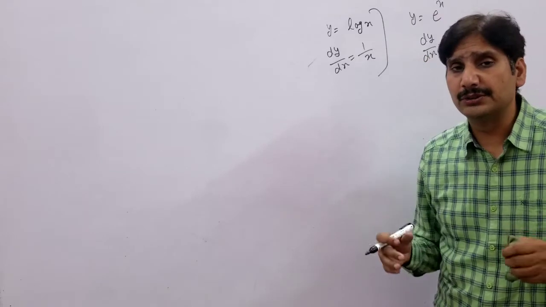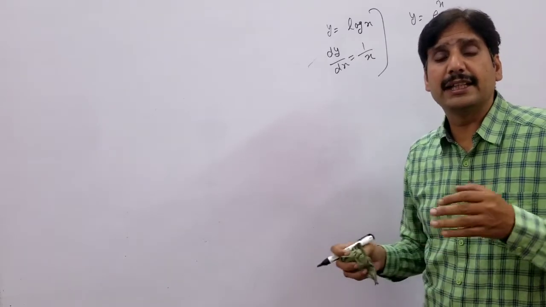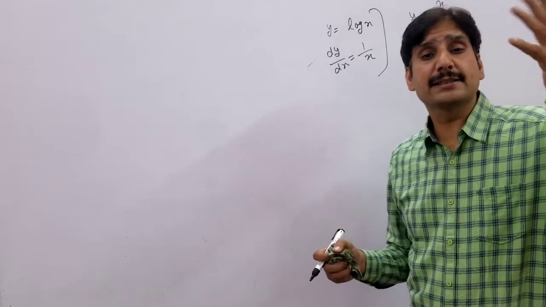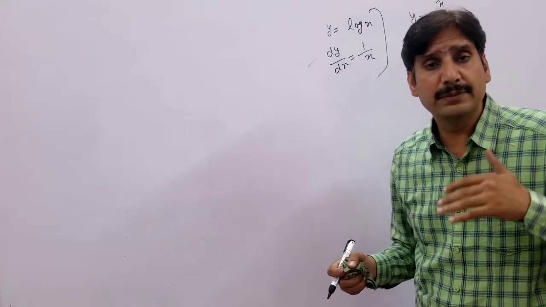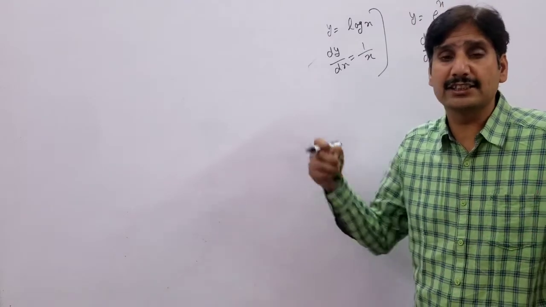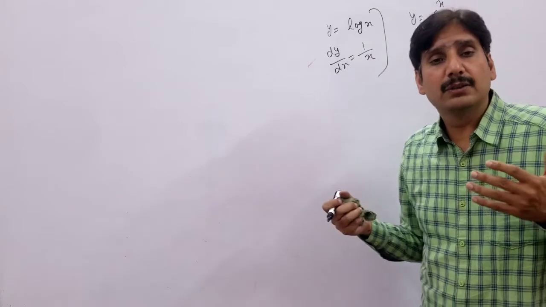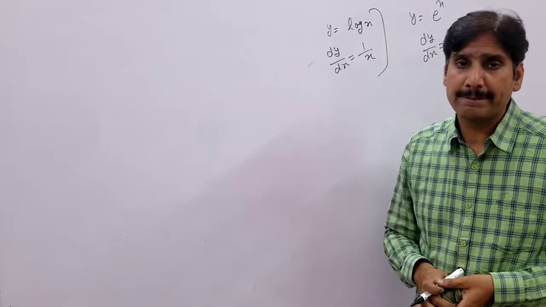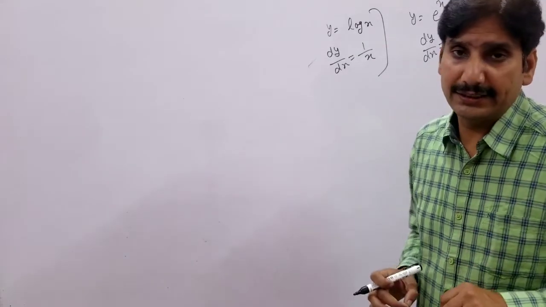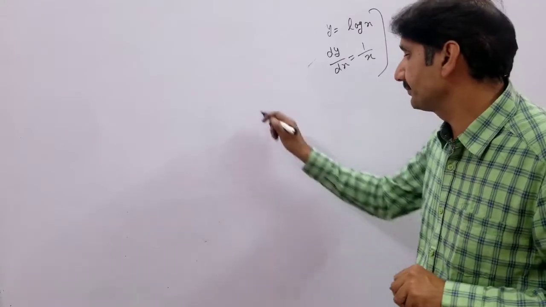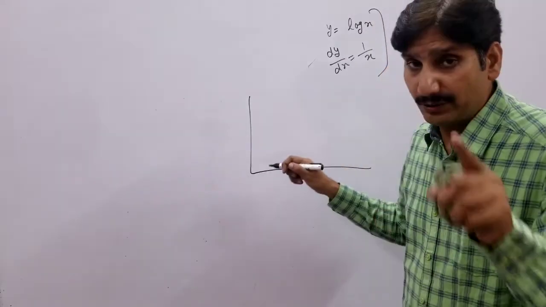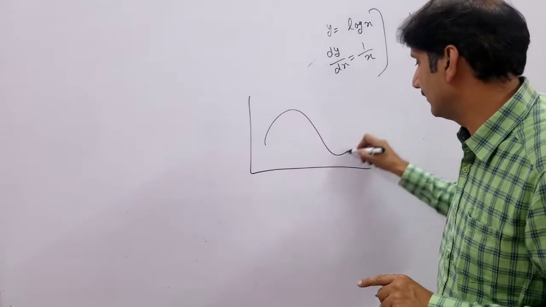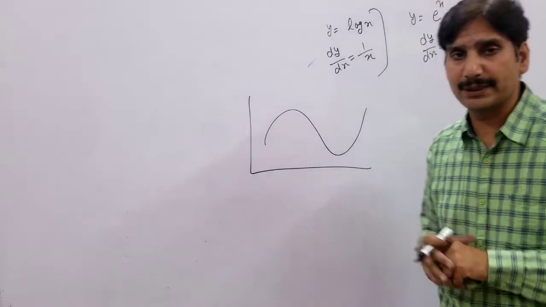But there is one more important part to it which I wanted to discuss. How to know when a curve attains its maximum value or a minimum value, when a function attains a maximum or when it attains a minimum. There is a concrete way of finding it out, without drawing the curve, but I am drawing the curve just to explain the concept.